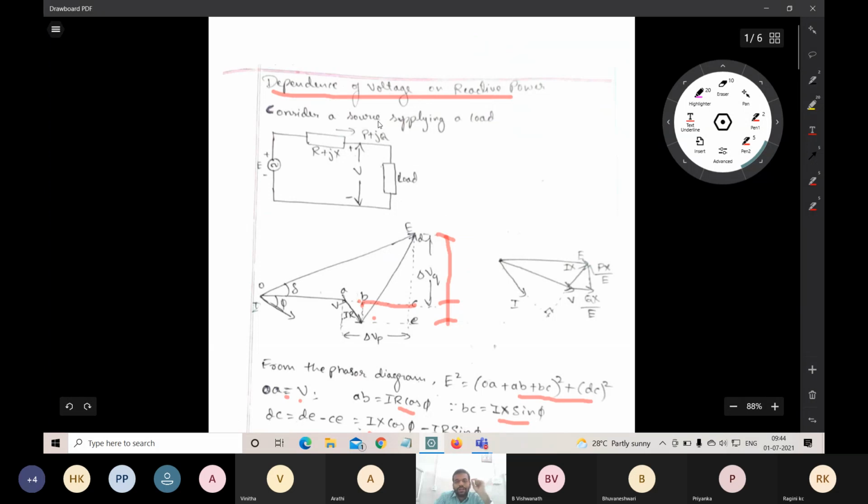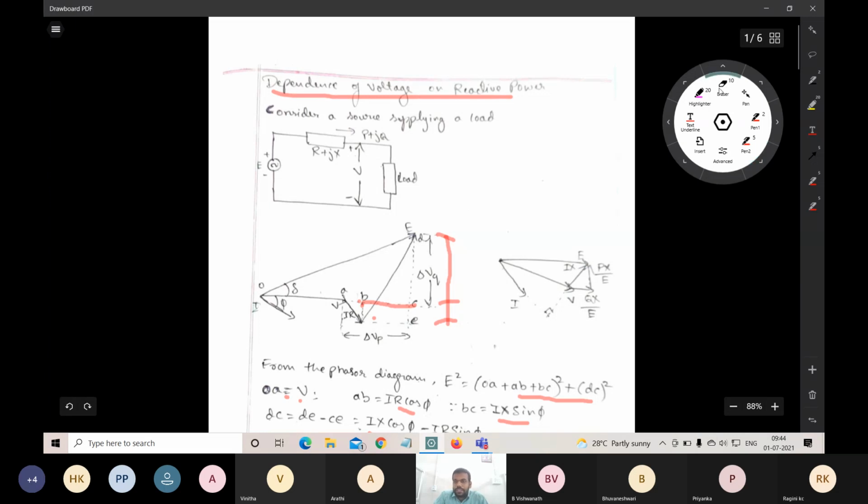So here we have drawn the phasor diagram by considering the load is inductive in nature. Similarly, this is the phasor diagram if you are going to consider the load is capacitive in nature. You can do that also.